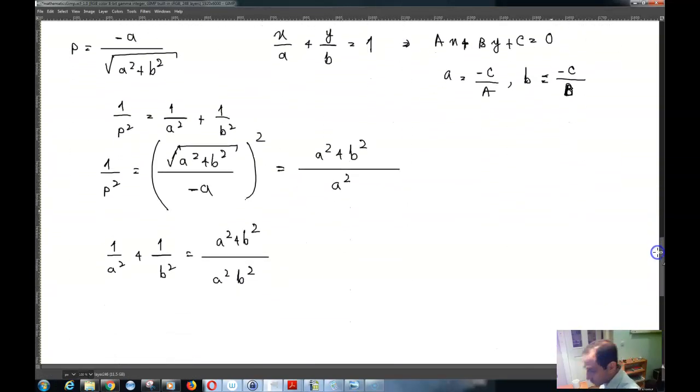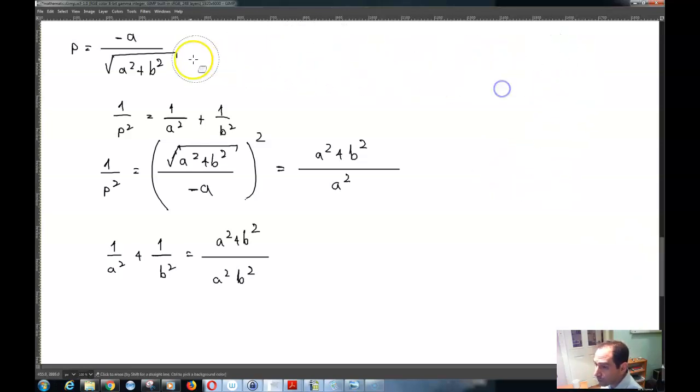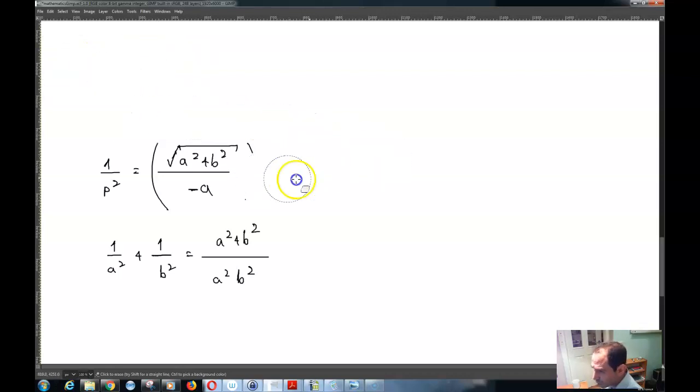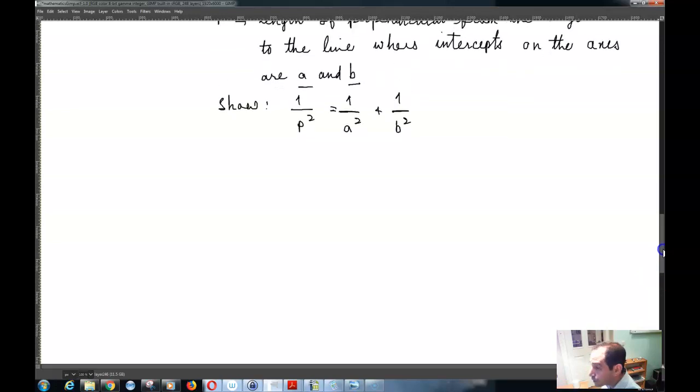Okay, so to solve this problem, I did try to solve it in a specific way, but it turned out to be a little different from what I wanted to do. So we do need to do it in a different way.